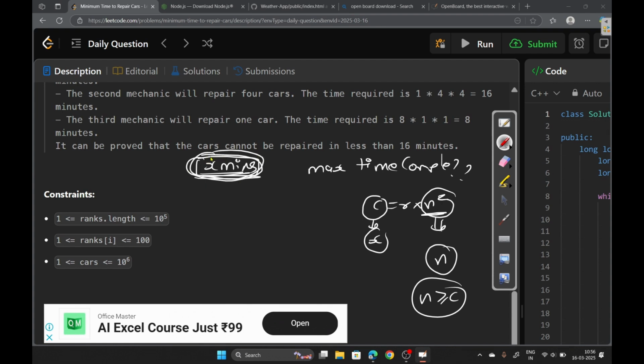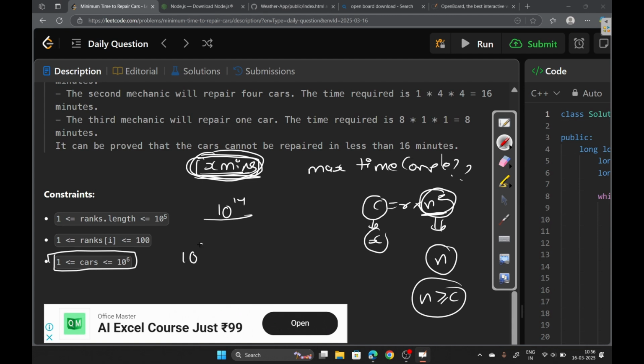So in worst case, how much can this X go up to? 10 raised to 14. How? Let me explain. See, this N square is the square of cars. So here cars given to us is 10 raised to 6. So in worst case, 10 raised to 6 can be applied on each and every mechanic.